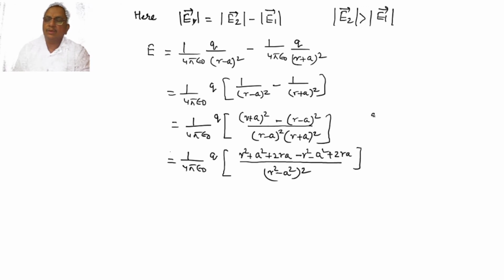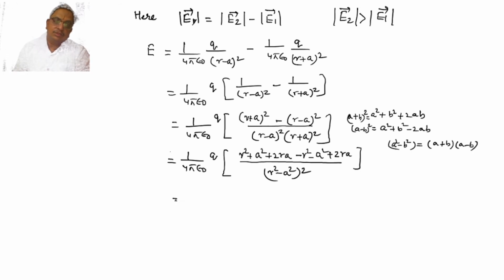Here we are using the A plus B whole square formula and the A minus B whole square formula, A square plus B square minus 2AB, and another identity, A square minus B square is equal to A plus B into A minus B. If you know this, there is no problem understanding. So we get the required result; the terms cancel out.